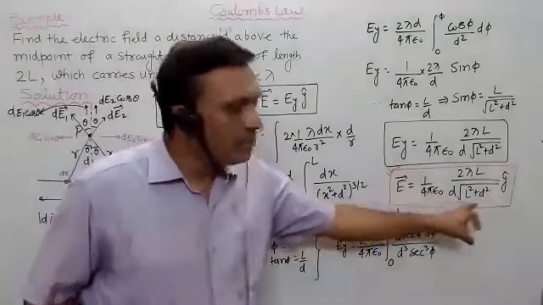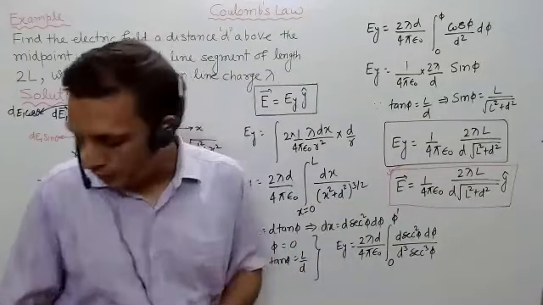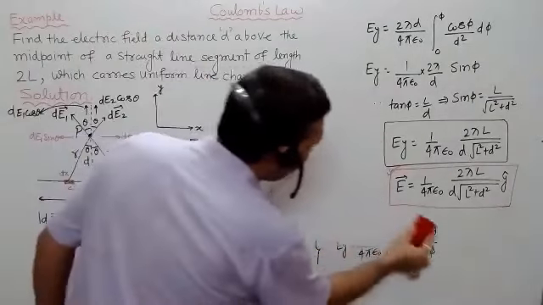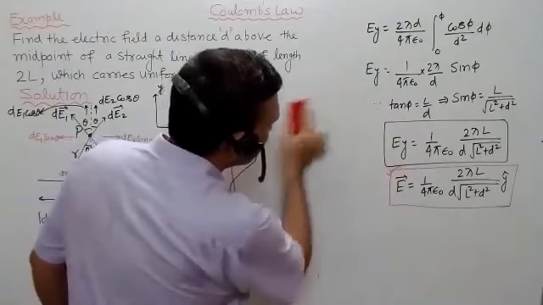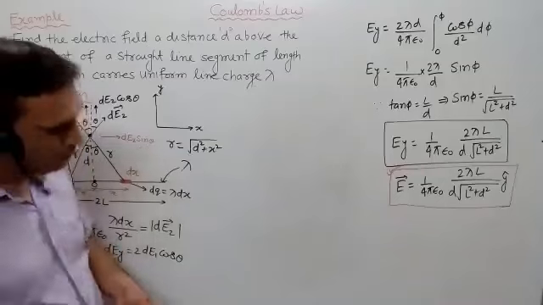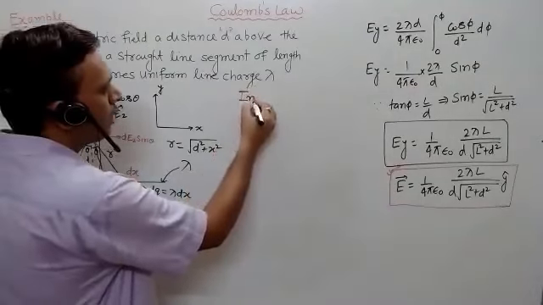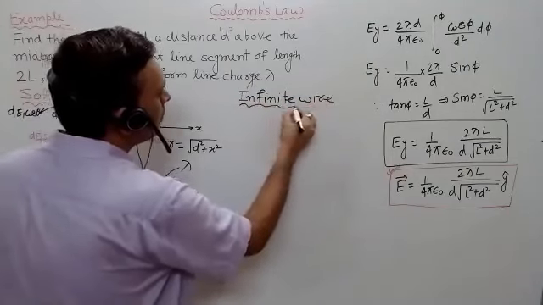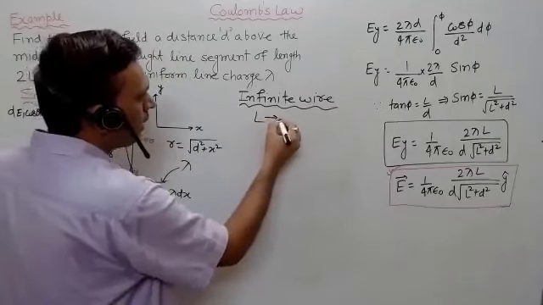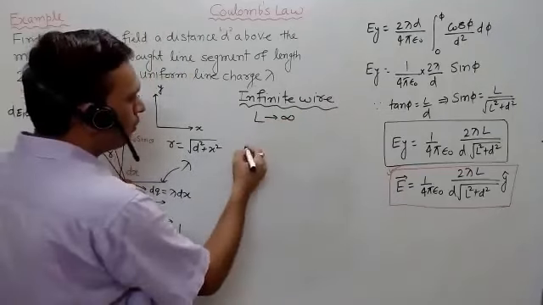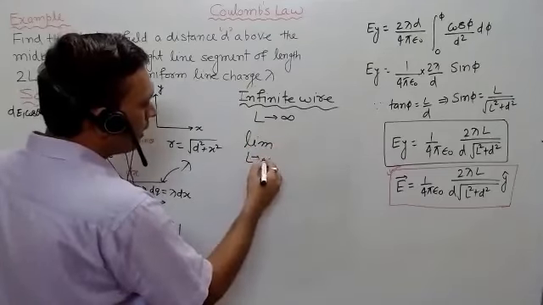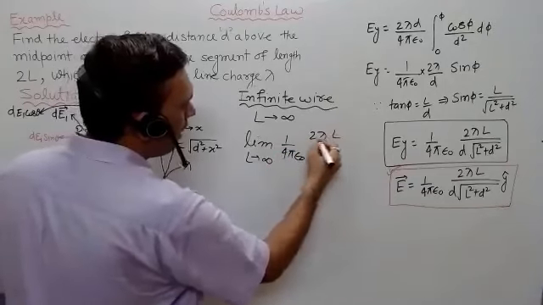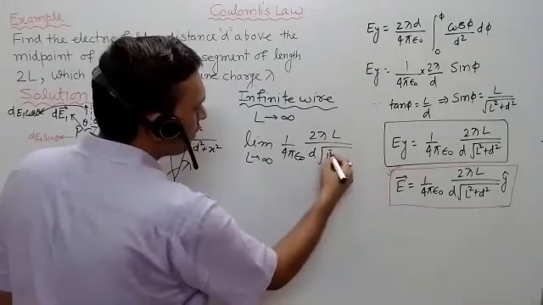If you put L tends to infinity, you will get the field due to an infinite wire. So let us see what will happen when you have an infinite wire. In an infinite wire, L tends to infinity. So limit L tends to infinity of 1 by 4 pi epsilon naught twice lambda L by D under root L square plus D square.